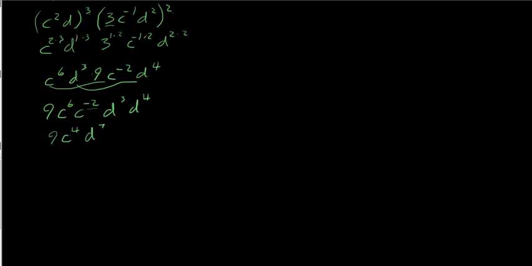For the next one, we have x to the fourth over y squared, or y to the negative second power. And then we're going to square that whole thing. And then we're going to multiply that by 5xy to the fifth.